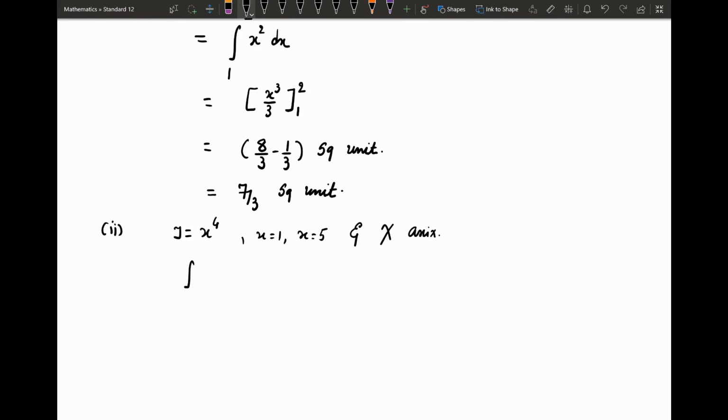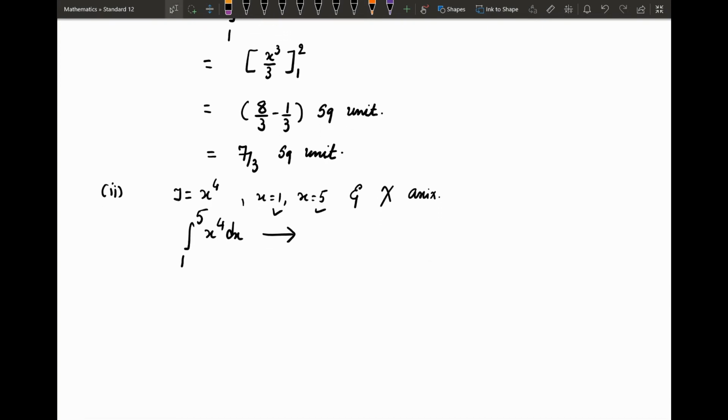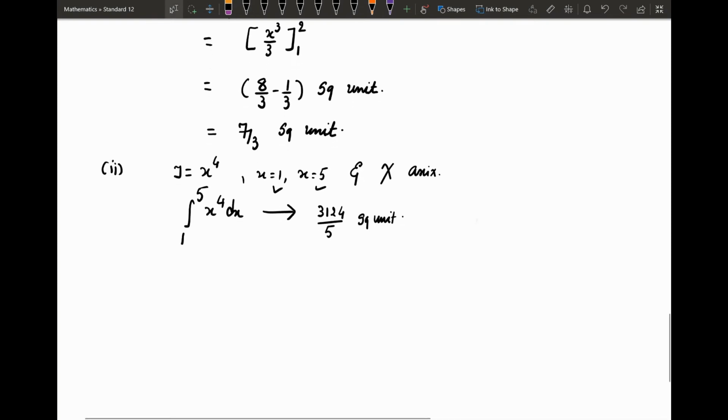So the area will be from 1 to 5, x raised to 4 dx. So you can complete this one in homework. So the answer will be 3124 by 5 square unit, the required area.